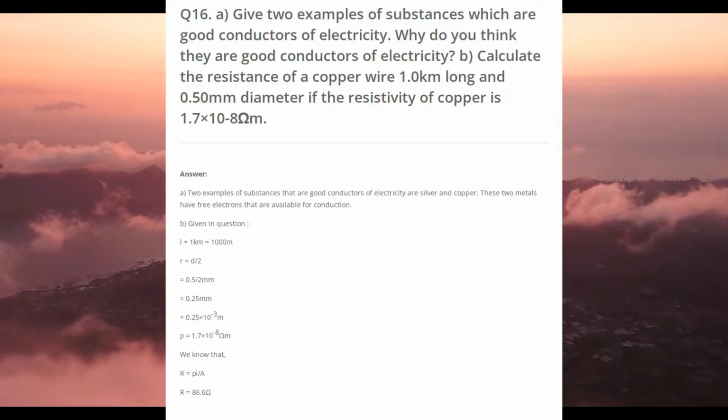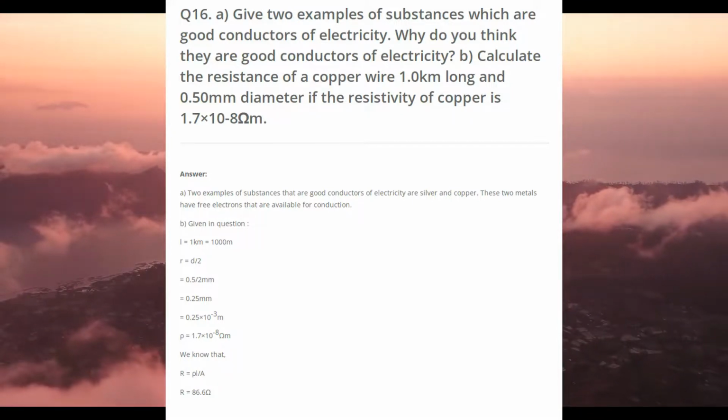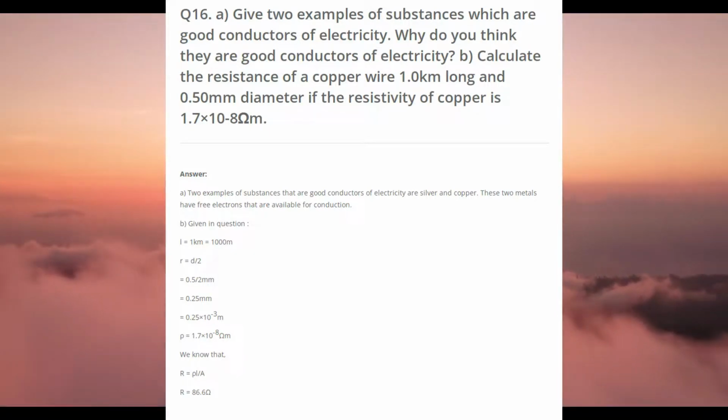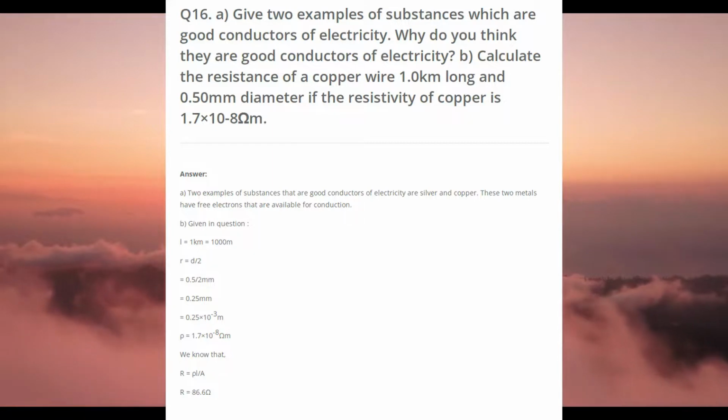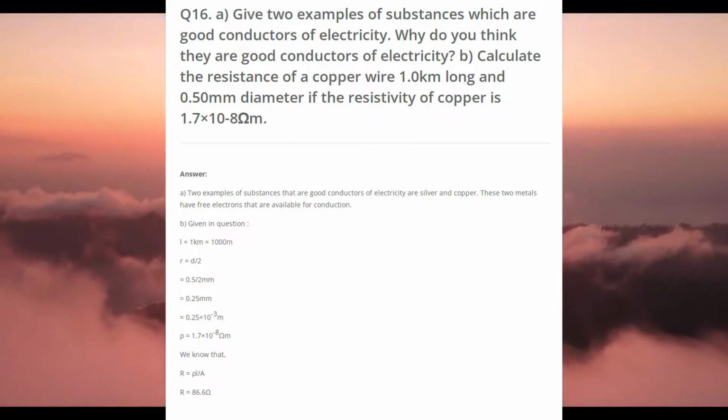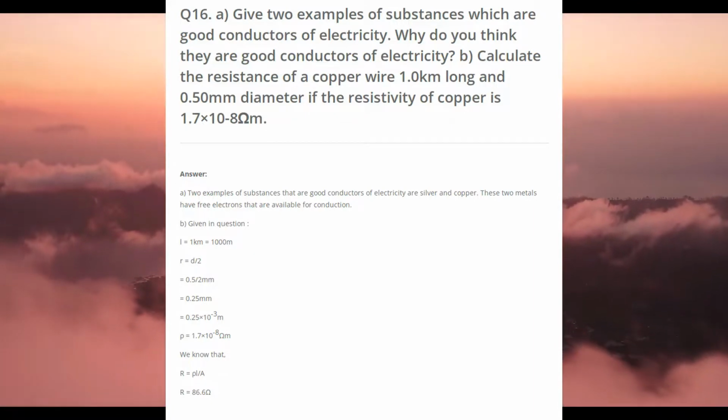Answer A. 2 examples of substances that are good conductors of electricity are silver and copper. These 2 metals have free electrons that are available for conduction. B. Given in question, L equals 1 kilometer equals 1000 meter. Radius equals diameter by 2.